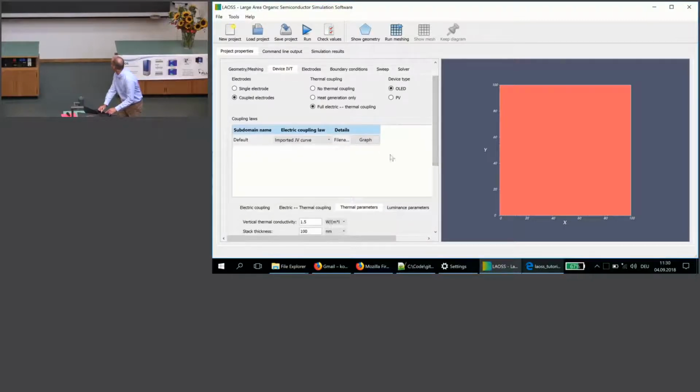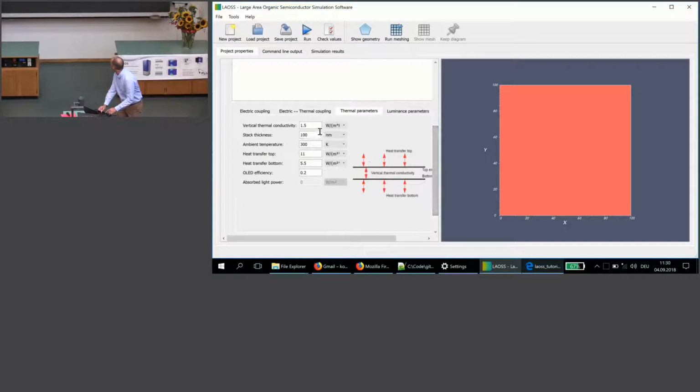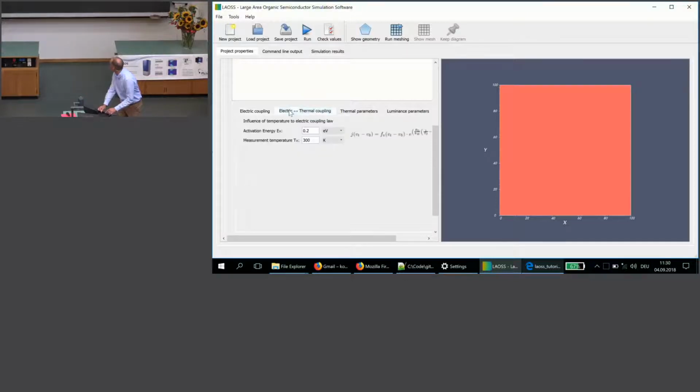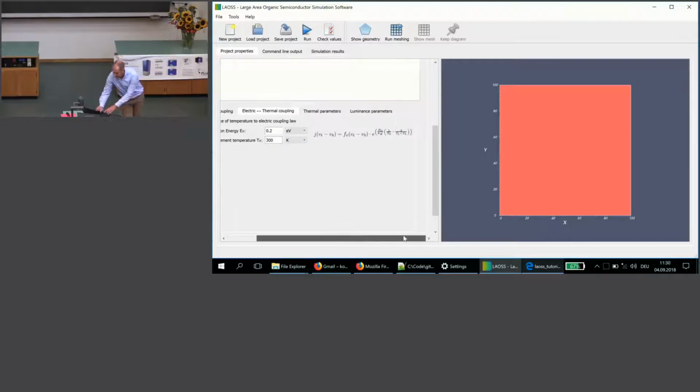And we have a JV coupling law selected, as before, the same current voltage curve of an OLED, but now we can also select a refinement of the model. We could even adjust the coupling law according to the temperature. So instead of having a static current voltage curve, we can enhance the current at higher temperature, and that makes it more nonlinear.